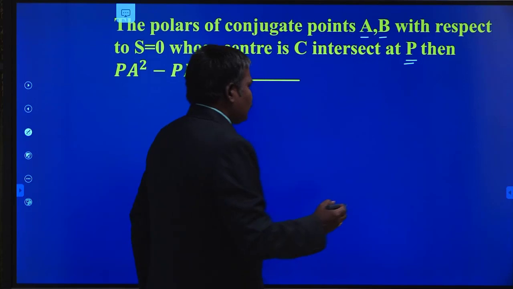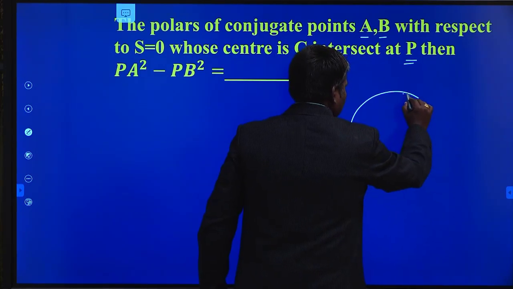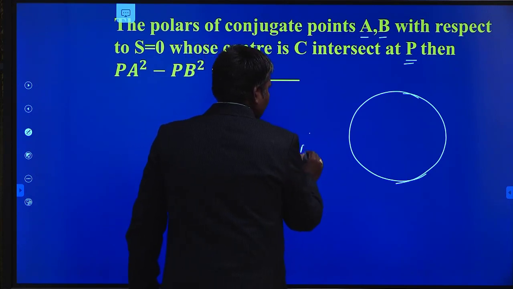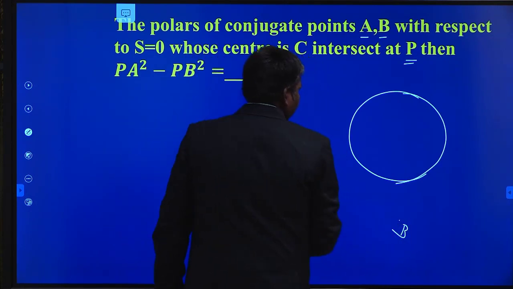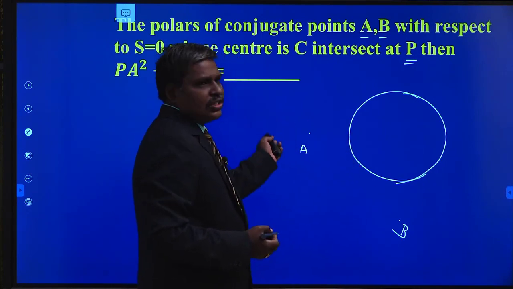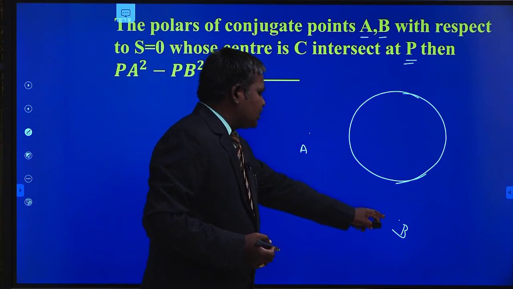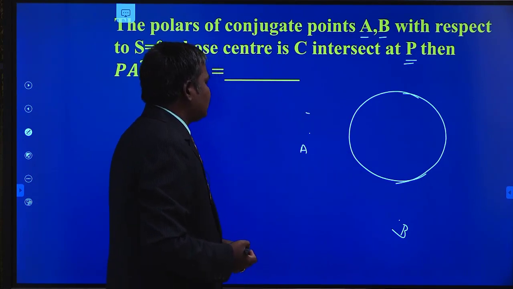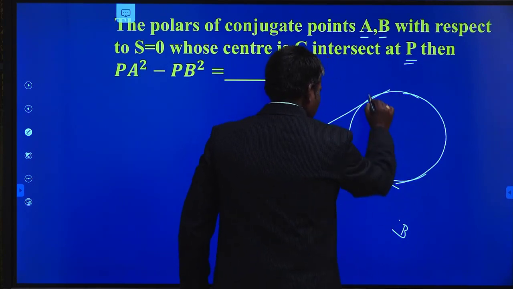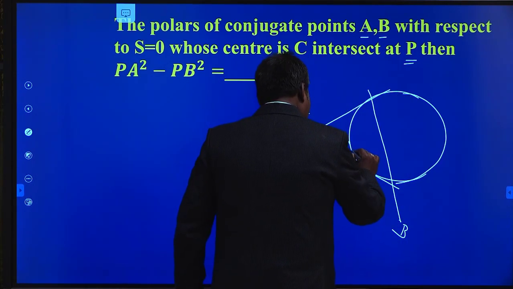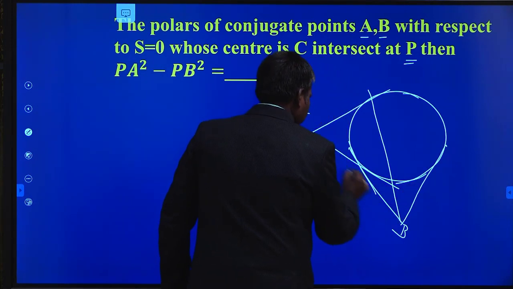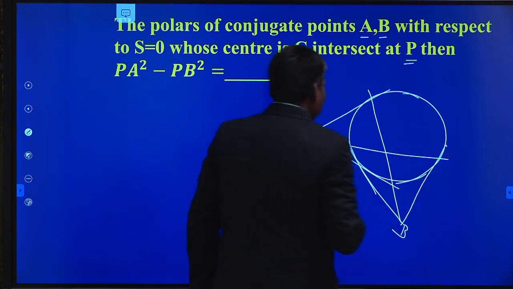Suppose this is my circle. What are the points? A, B. This is my point A. This is the point B, say. The polars of A, B with respect to the circle: we mean the polar of A passing through B as well as the polar of B passing through A. Am I correct or not?